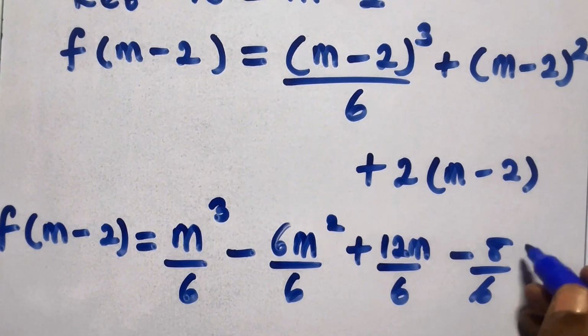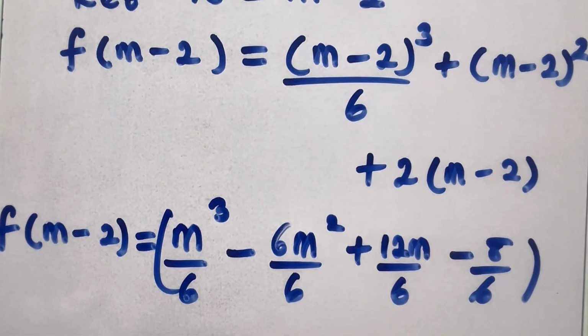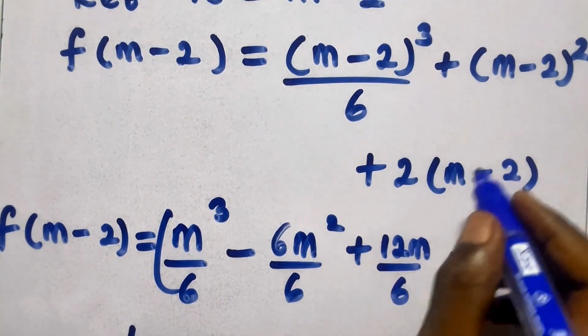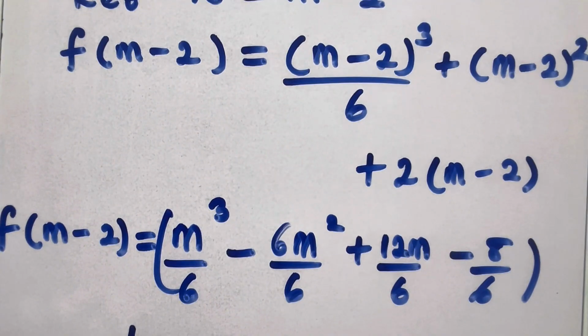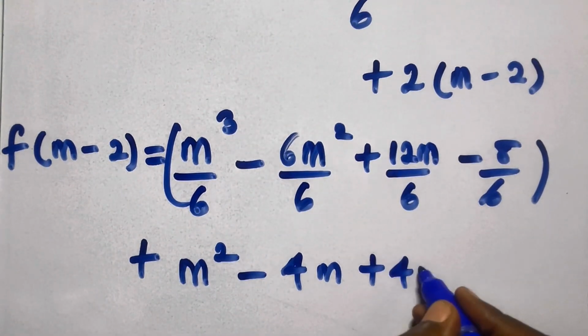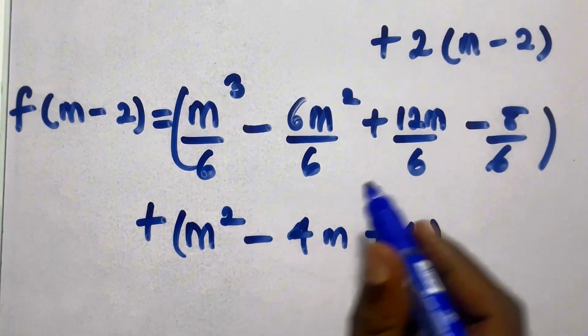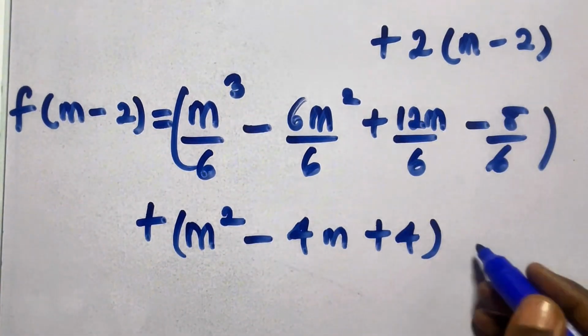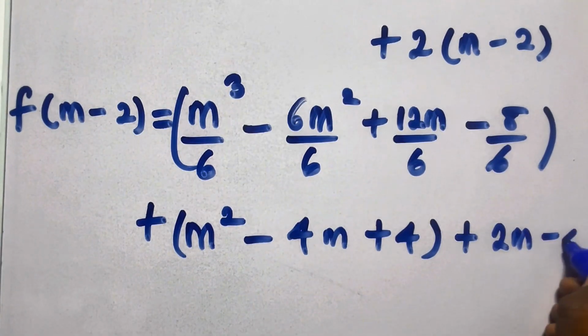And this is for this. For this, we have plus m minus 2 squared, which gives us m squared minus 4m plus 4. This is for that. Then we have the expansion of this, which gives us plus 2m minus 4.